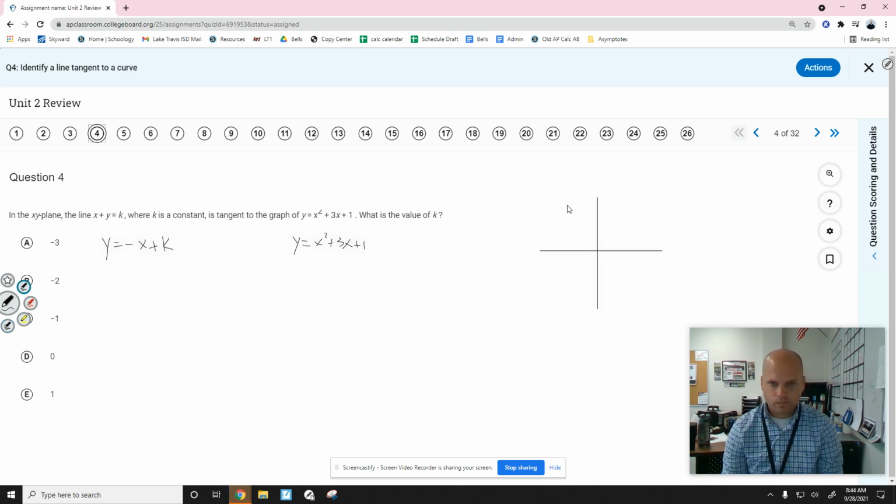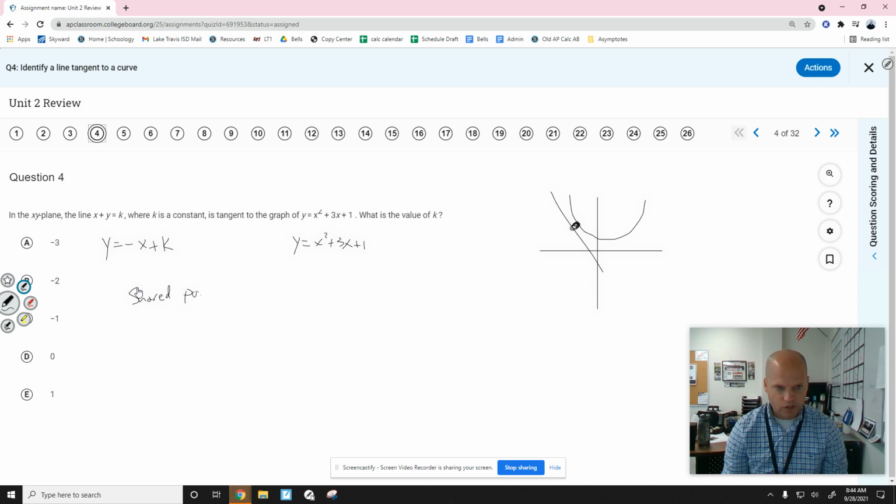Well, what are the things that are shared? There's a point that this line and this function share. And the slope of this line and the tangent slope are shared. So that's what I'm going to work with.